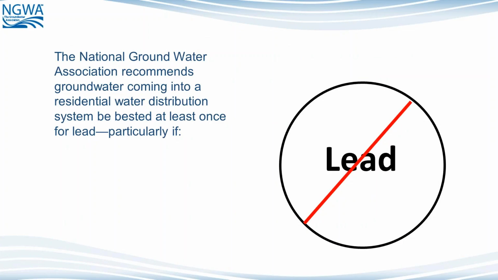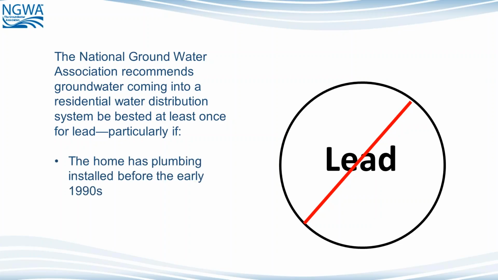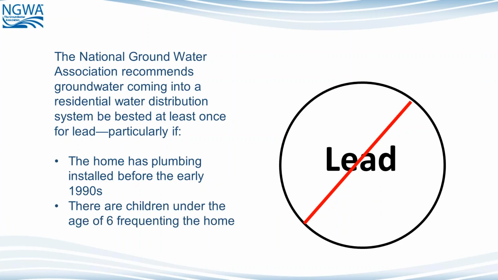The National Groundwater Association recommends that the water supply going into the house be tested at least once for lead, particularly if the well pump system, as well as the piping leading from that into the residence, was installed before the early 1990s, particularly if there are children, because children represent what's called the immunocompromised segment of our population.